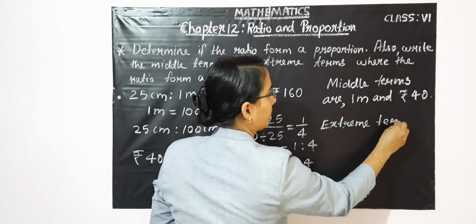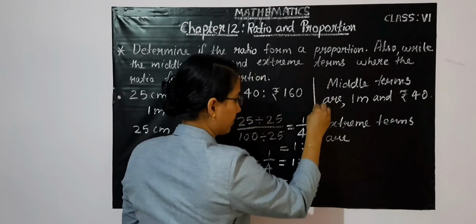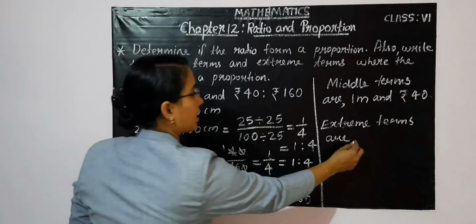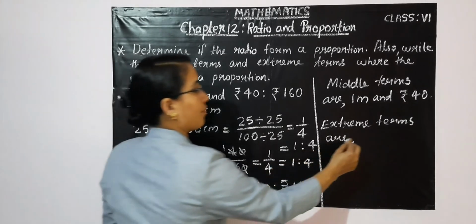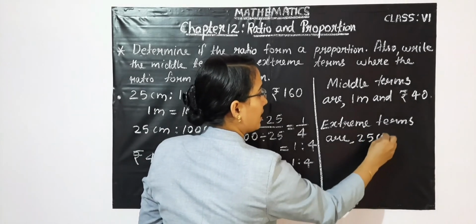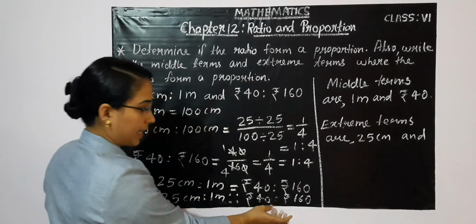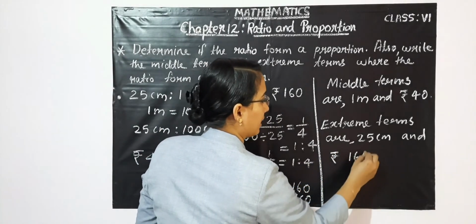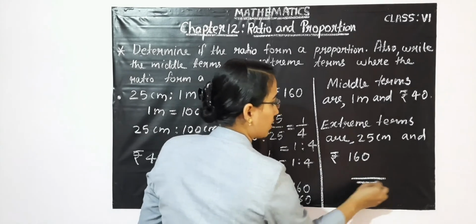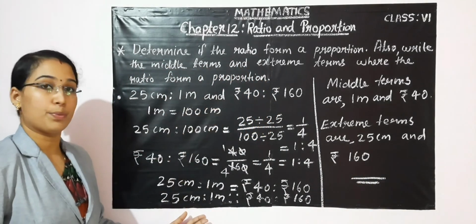Which terms are extreme terms? First term and last term. So first term is 25 centimeter, and last term is rupees 160. Okay.